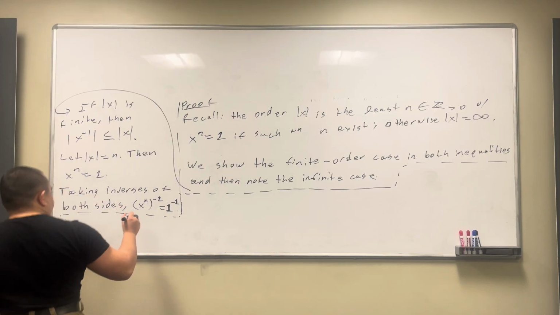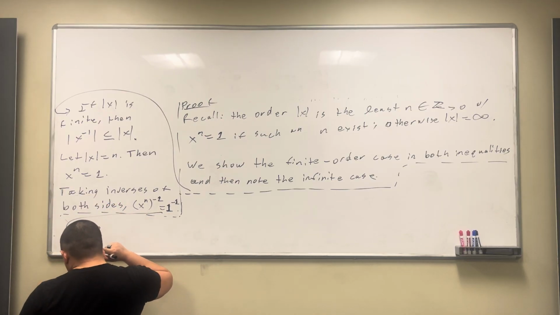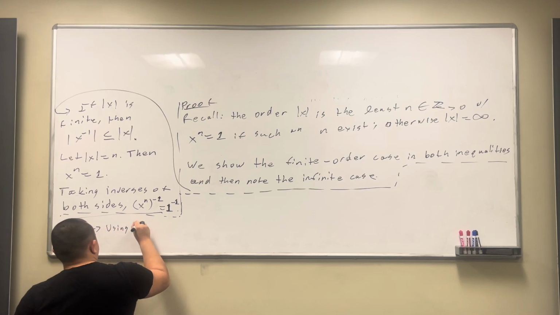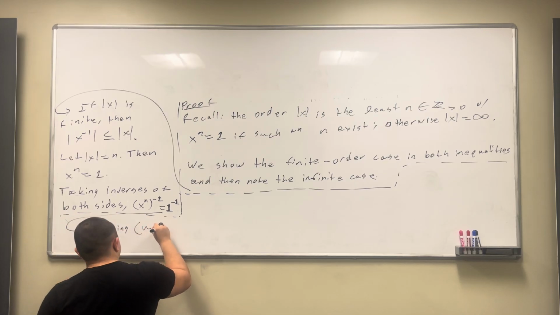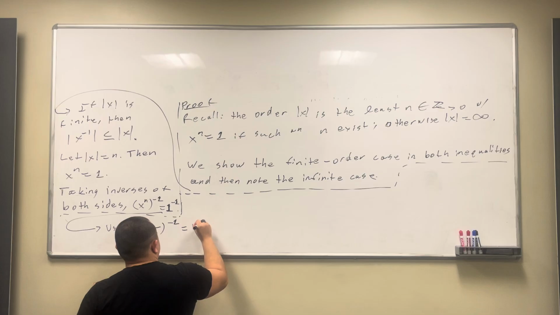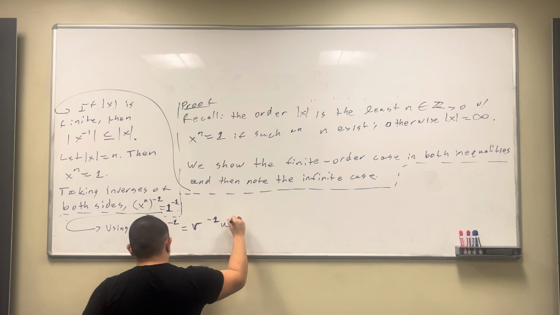Well, from here, we can use that trick that we used earlier, using (uv) to the negative 1 is equal to v to the negative 1 times u to the negative 1.